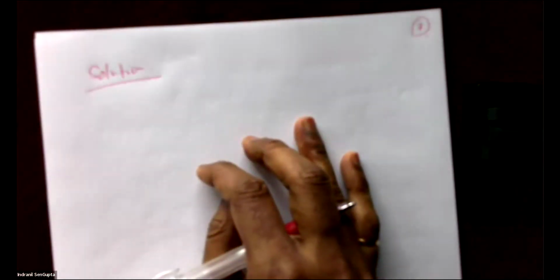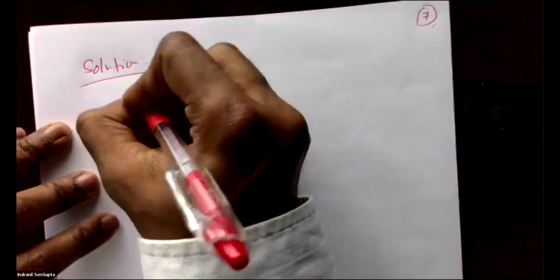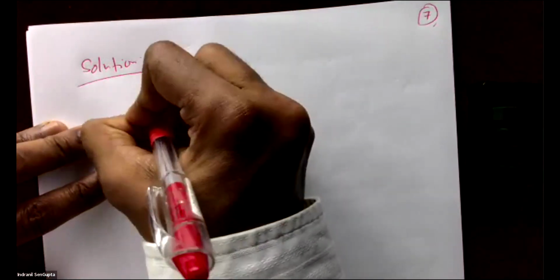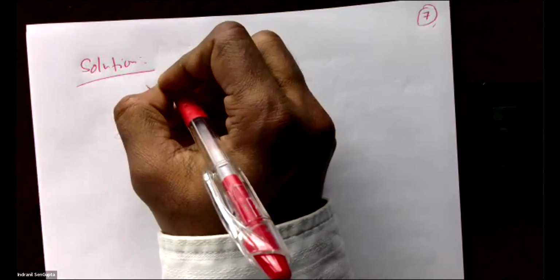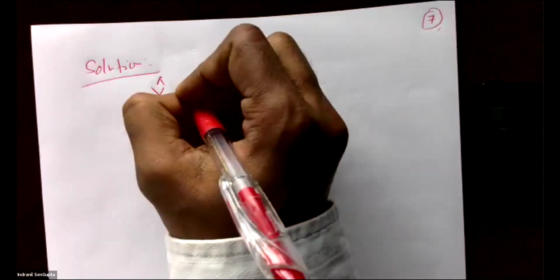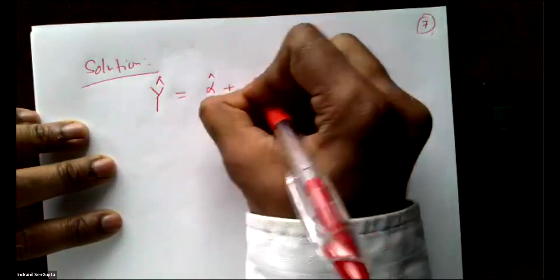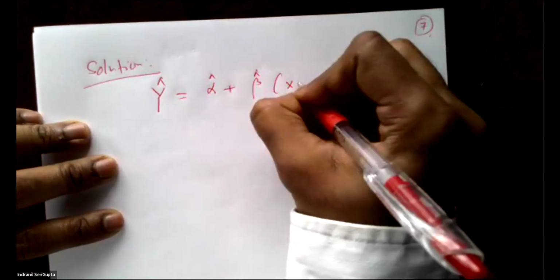So here is a solution based on the data. Let's denote the y variable. So y is what we are really predicting. It's given by y hat equals alpha hat plus beta hat times x minus x bar, right?